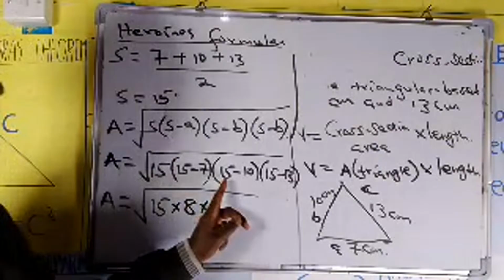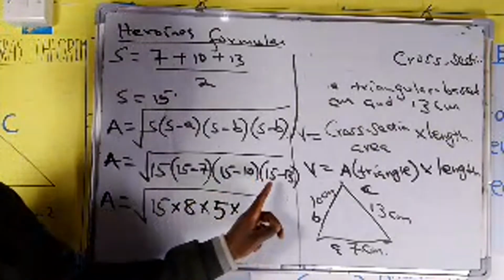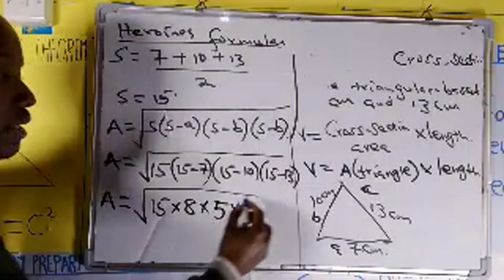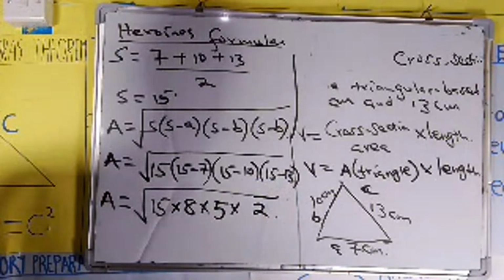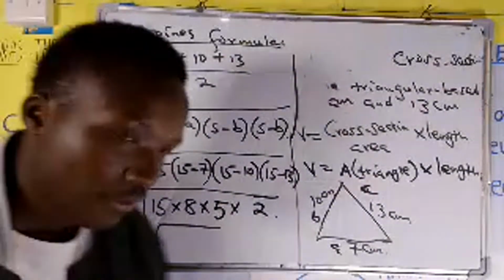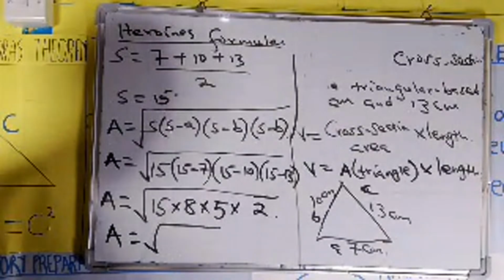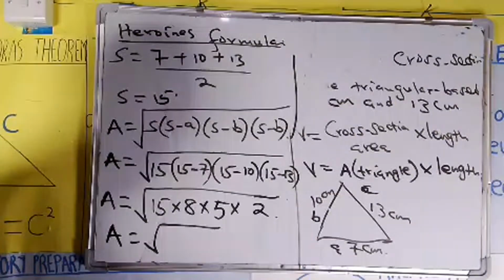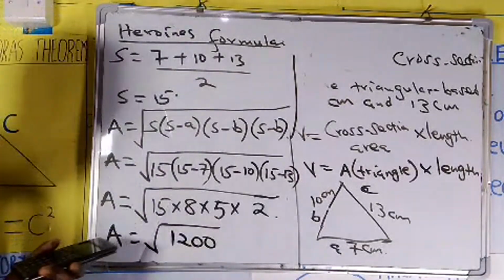Multiplied by 15 minus 10 is equivalent to 5. Multiplied by 15 minus 13 is equivalent to 2. So when we do that, we are going to get 15 times 8 times 5 times 2, which is going to be 1,200.